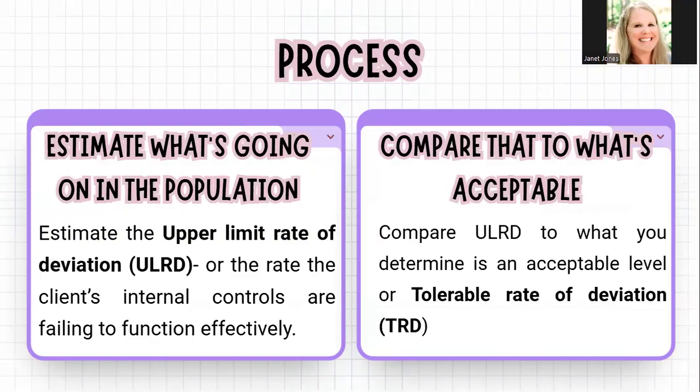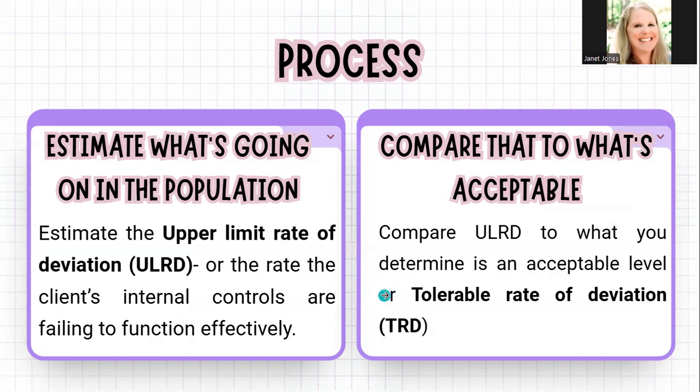And we say in order for that control to be operating effectively, it needs to be working 98% of the time. So a tolerable deviation rate would be 2%. As long as 98% of the transactions are authorized and no more than 2% are unauthorized, that would be acceptable. So that is going to be our tolerable rate of deviation.